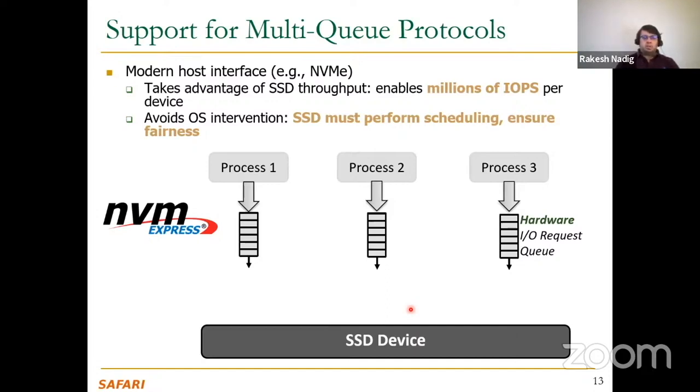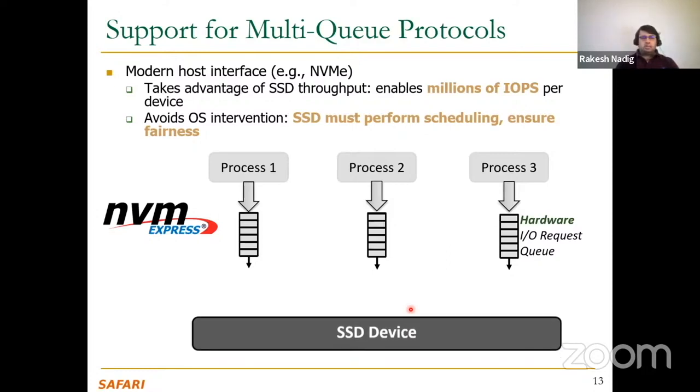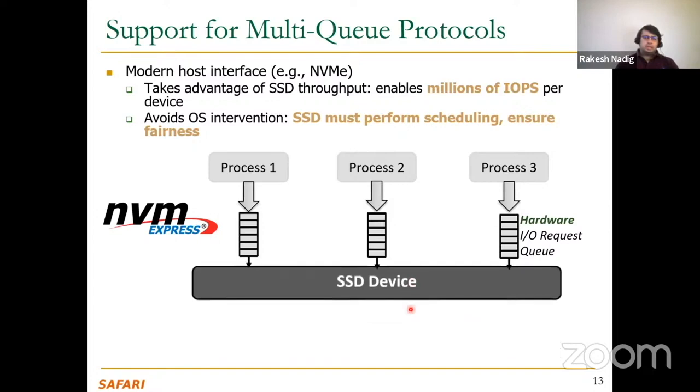And this also avoids the OS intervention, which means that the request can be sent directly to the device from the processes, and these request queues are hardware IO request queues. So the process would directly put the request in these queues, and the SSD device can handle these queues. So we have got rid of some of the overheads of the operating system, but the main challenge here is that the SSD must perform the scheduling and also ensure the fairness.